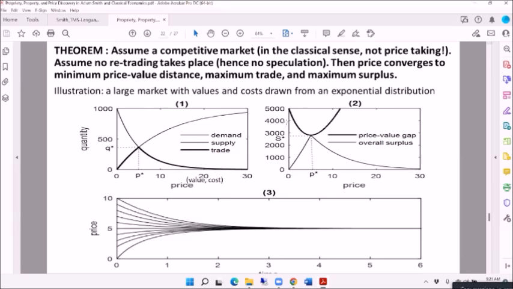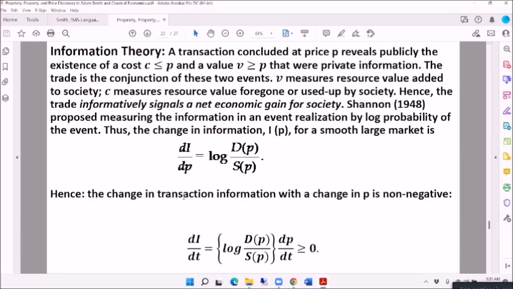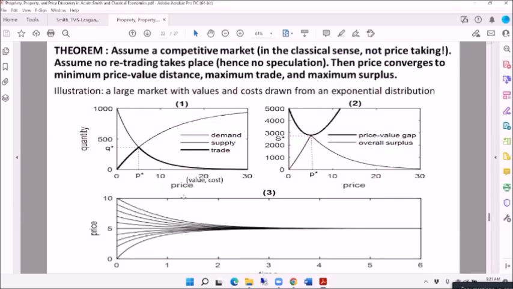Over here on the right, here's the V of P function, that distance between the price and the traders' valuations, being at its lowest point at P star, and then here's the surplus actually collected by the buyers and sellers. And then over time, wherever this system starts, it tends to move toward a stationary level. And that's all parameter free.